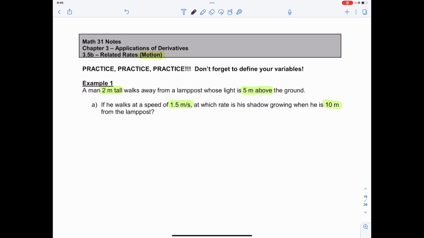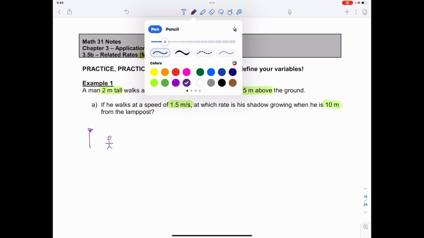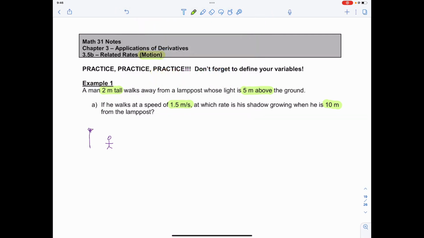All right, so let's see what we have here. First off, we have a lamppost shining a light. We have a man, and he's obviously walking away from this lamppost. And what happens is the beams of light are going to come from the lamppost, hit the man's head, and extend off until it hits the ground.